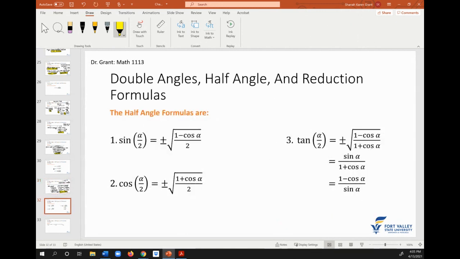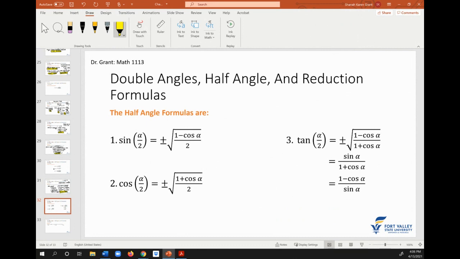The last set of formulas we're going to look at are the half angle formulas. Again, in the interest of time, we won't go into deriving these. So we have that sine of alpha divided by 2 is equal to plus or minus. What we need to always note is that for your half angle formulas, there is a possibility that you'll have the negative or the positive of the solution.